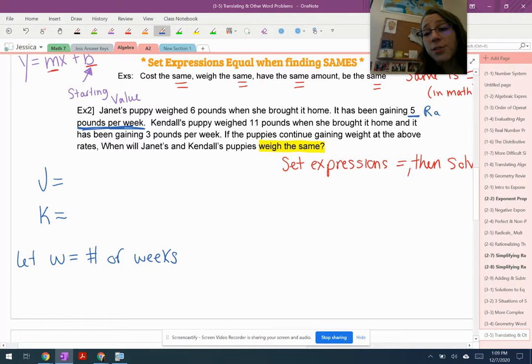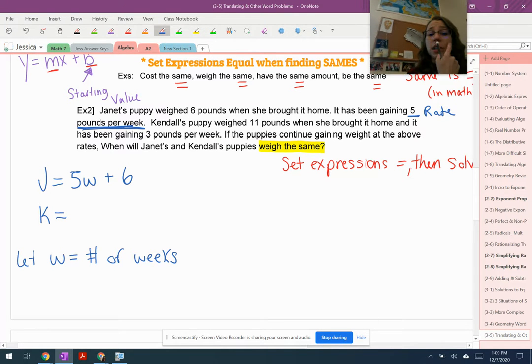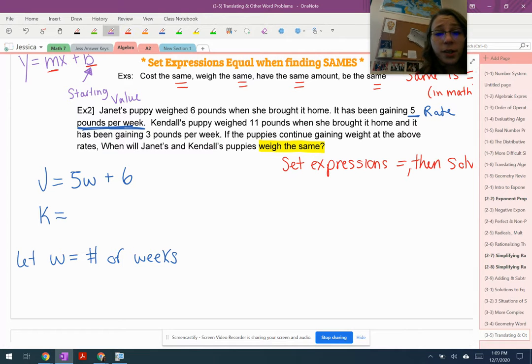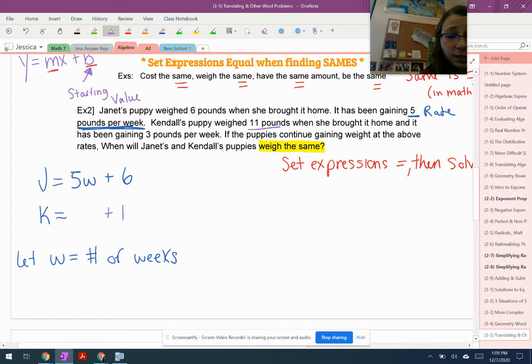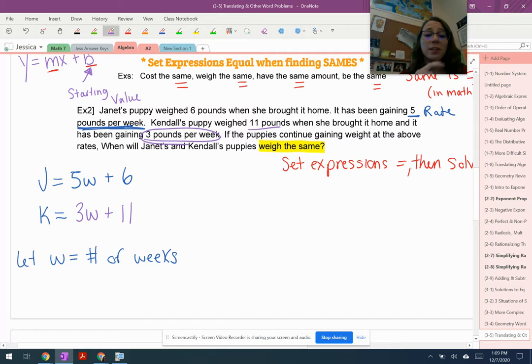That 5 is the rate because it's happening more than once. So 5W plus the 6 pounds it started with. Kendall, same situation. It weighed 11 pounds to start with, so that 11 is taking the place of that 6. And it's been gaining 3 pounds per week, so that would be 3W plus that 11.